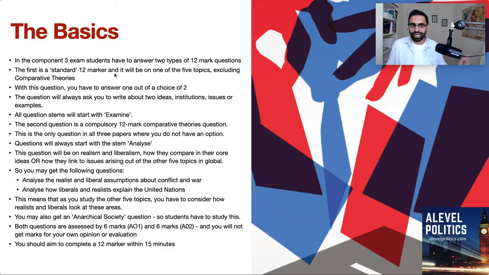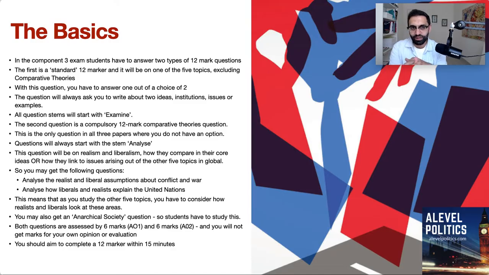So you've got the standard 12-marker, and this will consist of questions pertaining to the 5 out of 6 topics for global politics, right? And I'm going to remind myself of the 5. So globalization, global governance: political and economic, global governance: human rights and environment, power and development, the EU and regionalism.